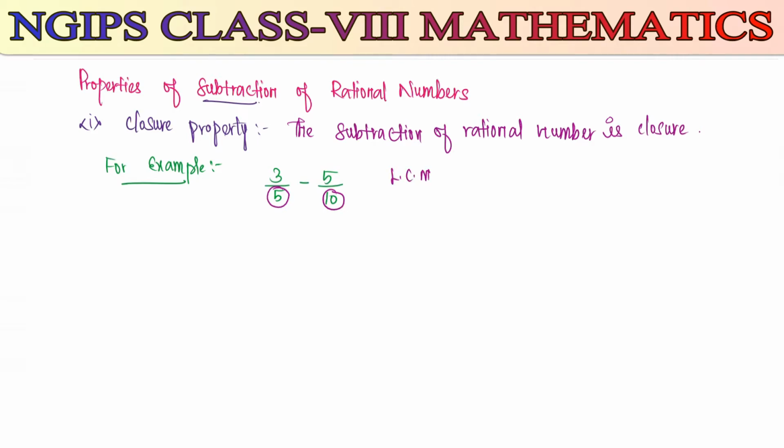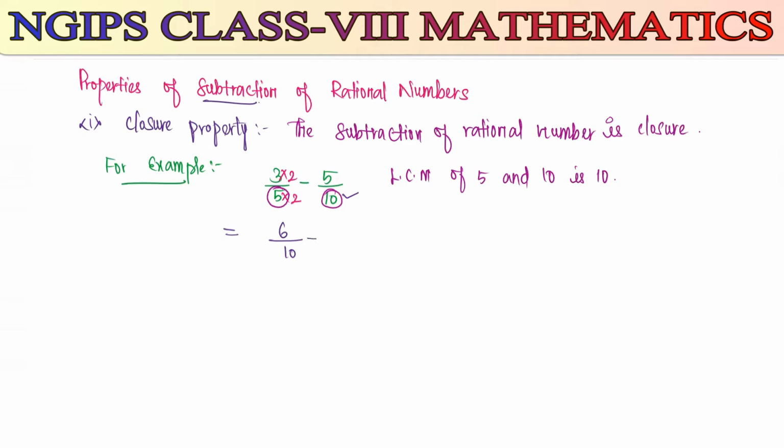LCM of 5 and 10 is always 10. So I need to multiply the denominator by 2 for the first term to get 10. Already we have the denominator 10 in the second term, so no need to multiply with any number. Further, if we simplify the first term, 3 2s are 6 divided by 5 2s are 10.